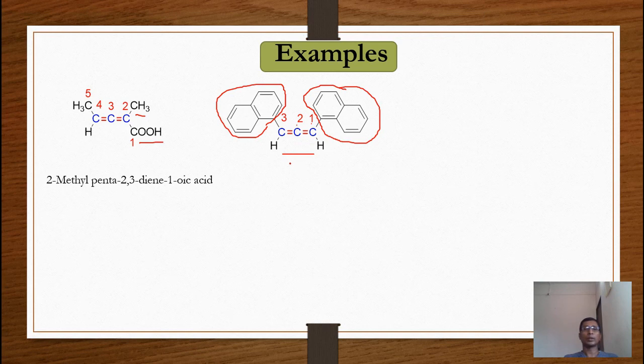Thus, the parent compound is 1,2-propadiene. The IUPAC name of this molecule is 1,3-dinaphthylpropa-1,2-diene, or you can say 1,3-dinaphthyl-1,2-propadiene.